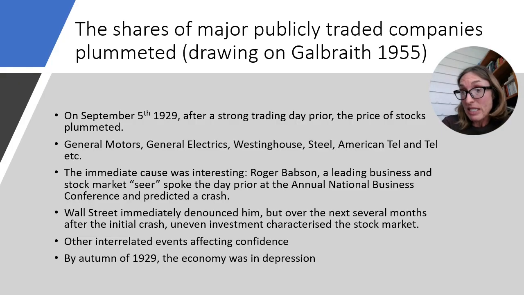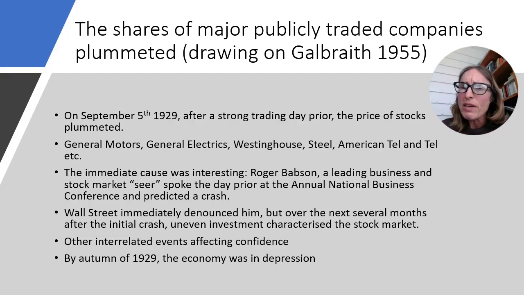And people started to accept lower prices in selling. And the prices of the stock went down. The very day after this influential prediction, this prediction that brought into effect what it predicted by affecting the confidence of the investors, Wall Street immediately denounced Babson.